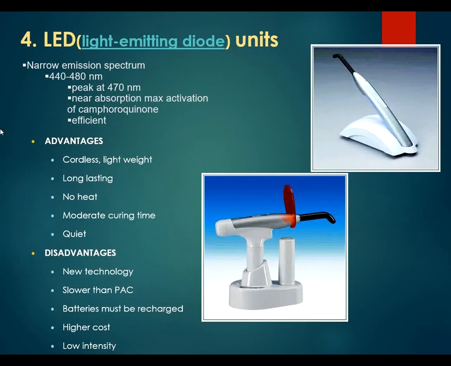There is no noise of this unit. Disadvantages are it's a new technology, so the operator should have knowledge of how to use it. Slower than plasma arc unit. Batteries must be recharged. Higher cost and low intensity.